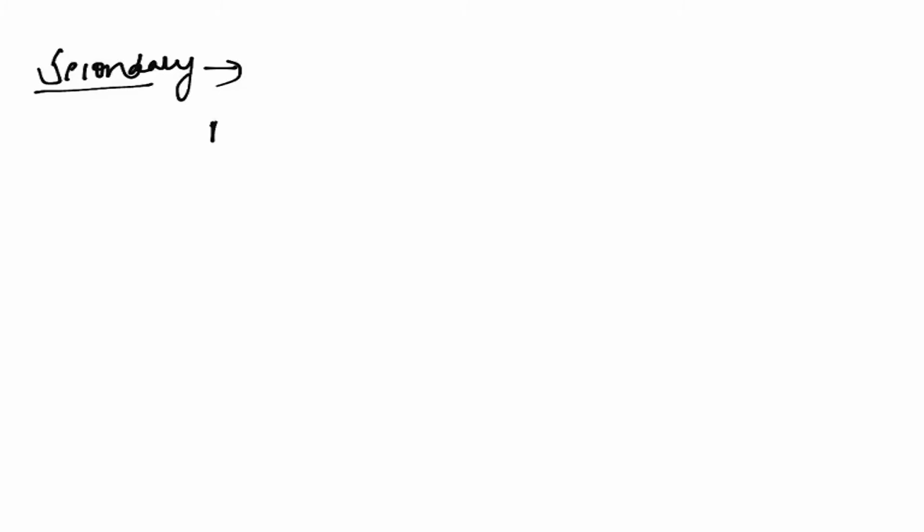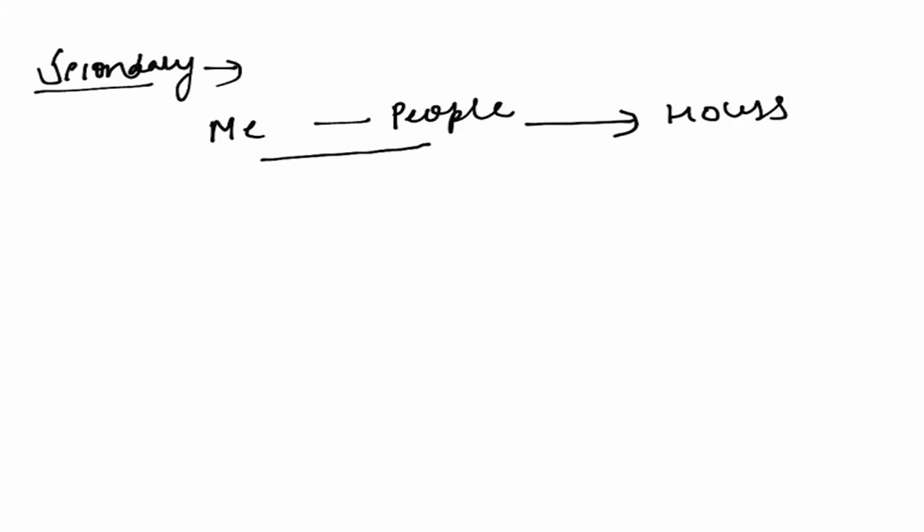Suppose this is me and these are the number of houses, and in between there are some people who are gathering the data. So what they will do? They will gather the data from the different houses and here they will provide the information to me. So it means there is a medium in between. It can be some people, or nowadays I can use some website to know the data.